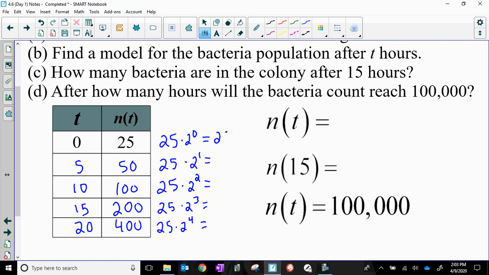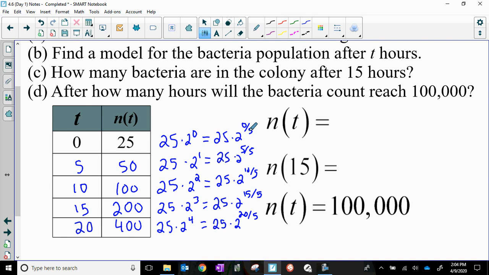So we have 25 times 2 to the 0 divided by 5. 25 times 2 to the 5 divided by 5. 25 times 2 to the 10 divided by 5. 25 times 2 to the 15 divided by 5. And finally, 25 times 2 to the 20 divided by 5.